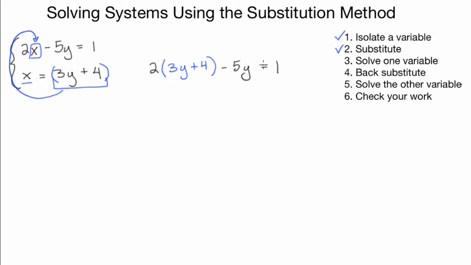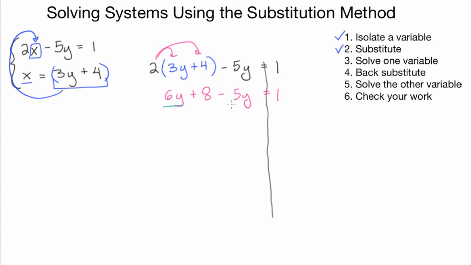So let's draw my line down. I do the same thing to both sides, keep things equal. And I'm first going to distribute. I got this 2 times, I got to multiply that 2 times 3y and the 4. So we end up with 6y, 2 times 3y is 6y, plus 2 times 4 gives me 8, minus the 5y equals 1. So we distributed. Now let's combine like terms.